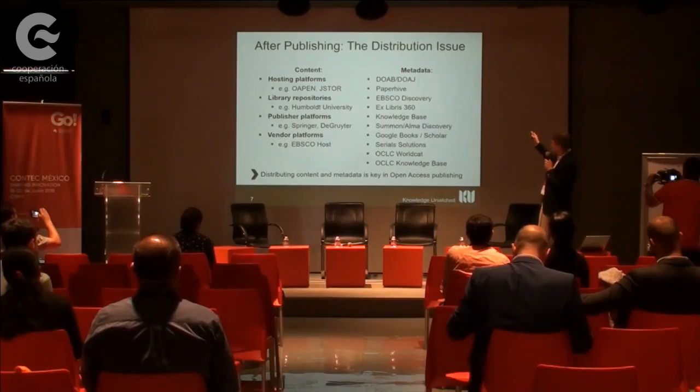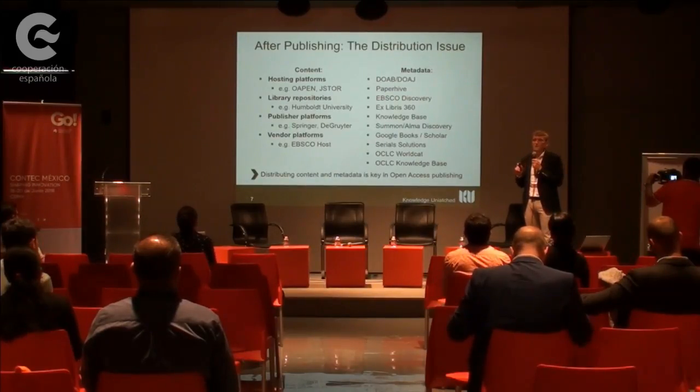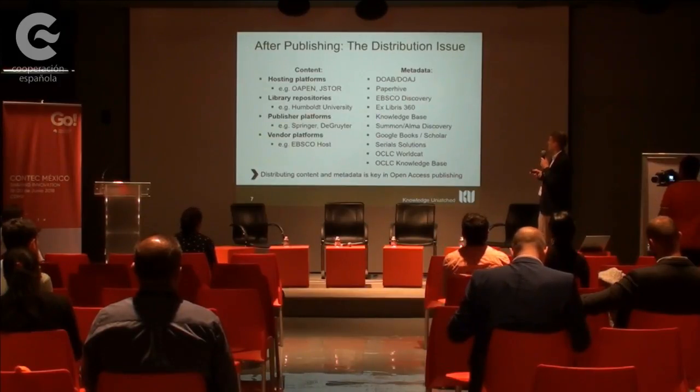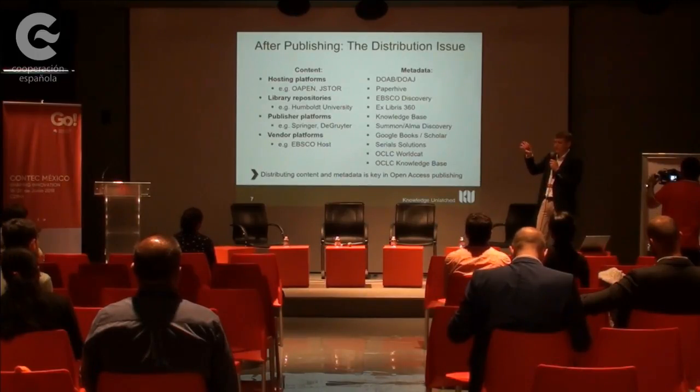So what you have on the right side, where you see the metadata, those are systems where you can find all of the open access content. It starts with the DOAB I mentioned earlier, DOAJ for journals, and then you have different companies. For example, PaperHive, they have a website, they do research interaction, so you can access the file and then do comments and already work on the file.